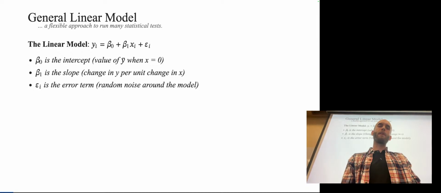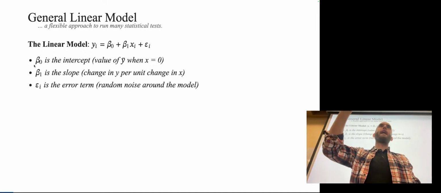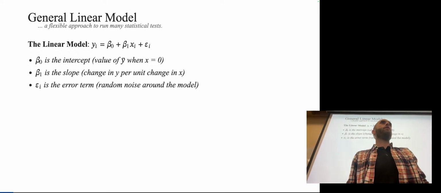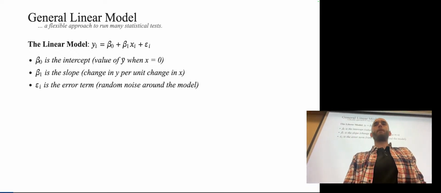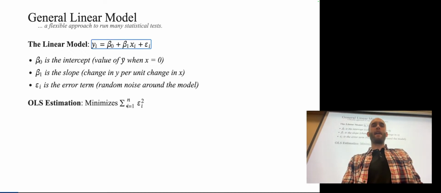And what that also means is when we have a slope, then beta 0 is interpreted as the model estimate at an x of 0. So it's at the vertical intercept. And then epsilon is just the error term. So it's like how wrong the model is at every given data point.